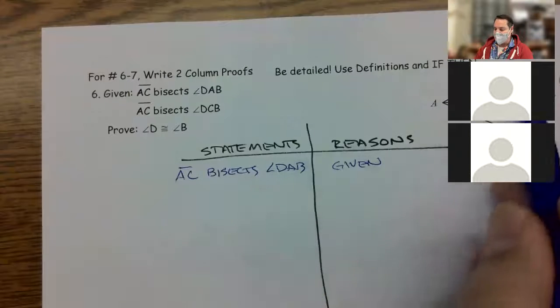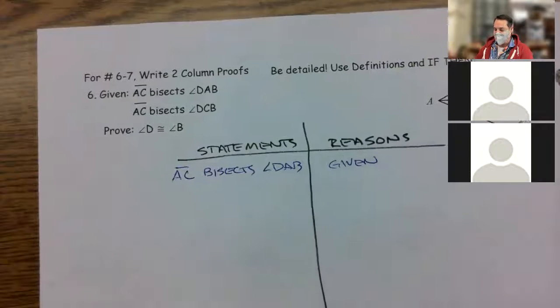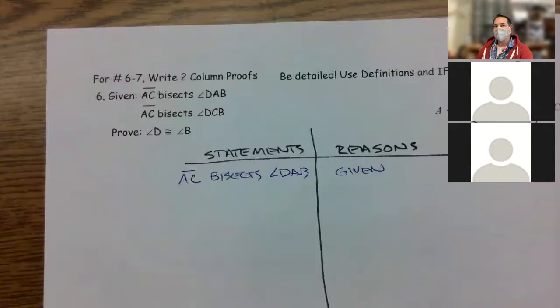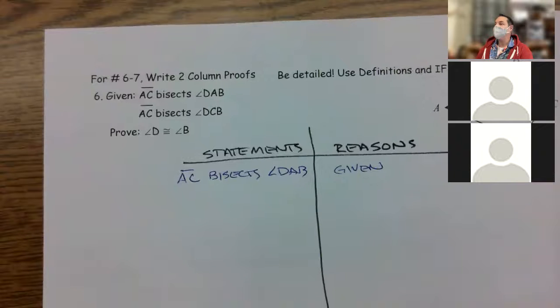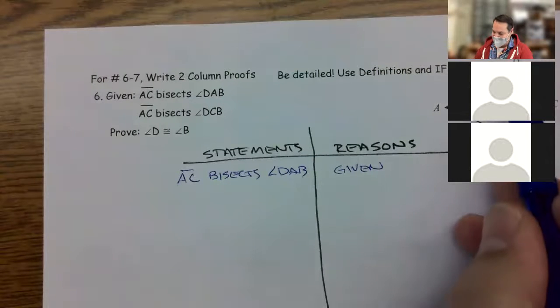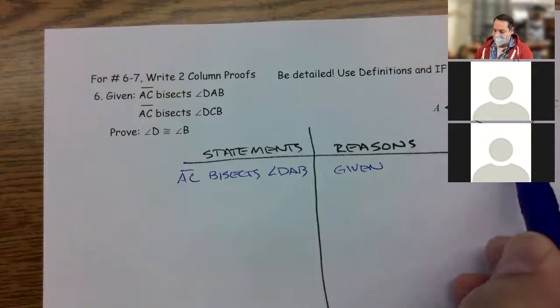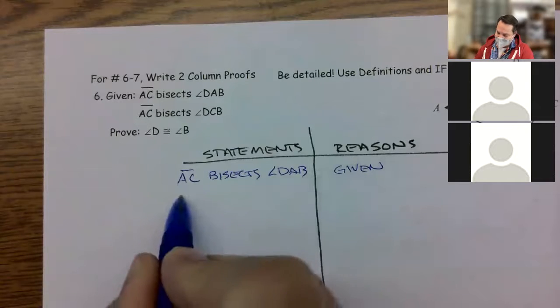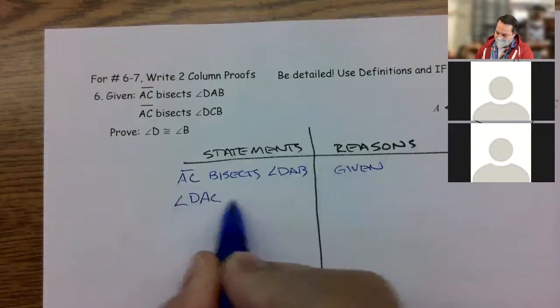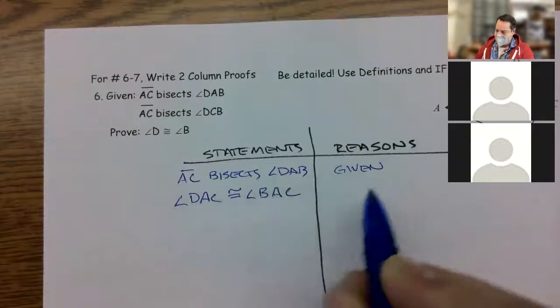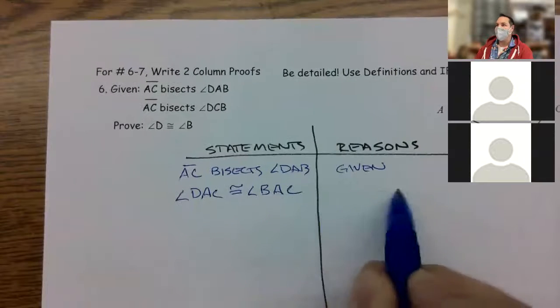What does it mean that AC bisects DAB? Yep, someone said it, that DAC is congruent to BAC. And why do I get to say that?